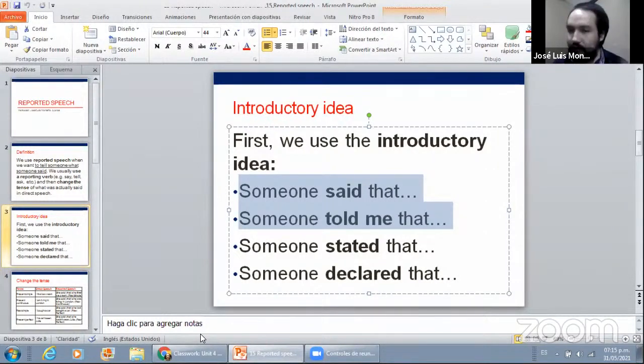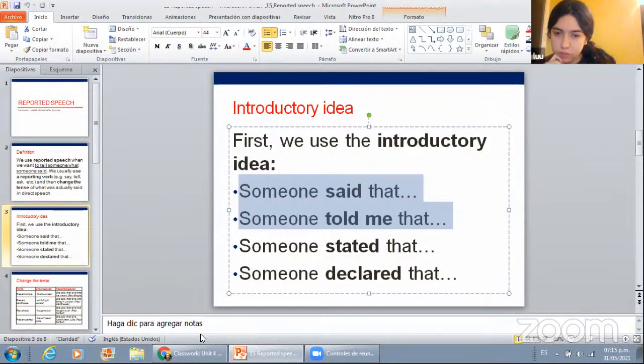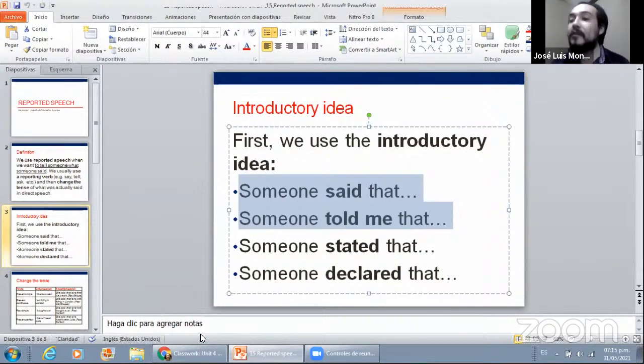Try to write only introductory ideas, but try to add extra information, like, for example, time expressions: last week, yesterday, a couple of hours ago, last summer, last year, 30 minutes ago. Try to use time expressions, and try to mention a person.